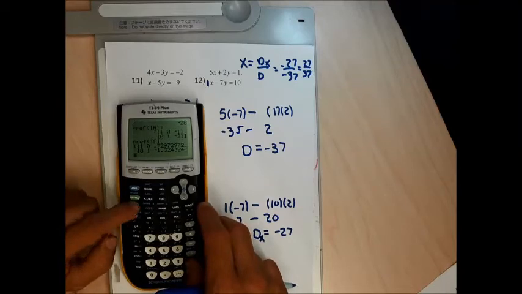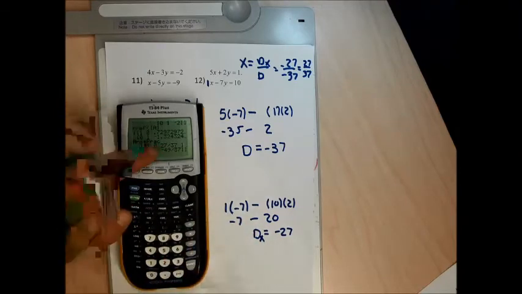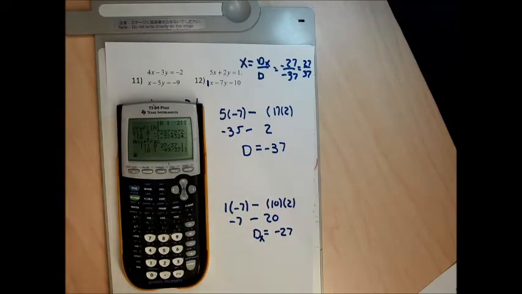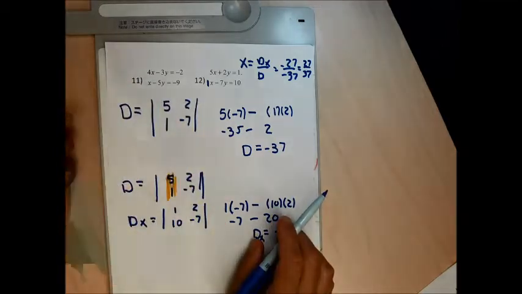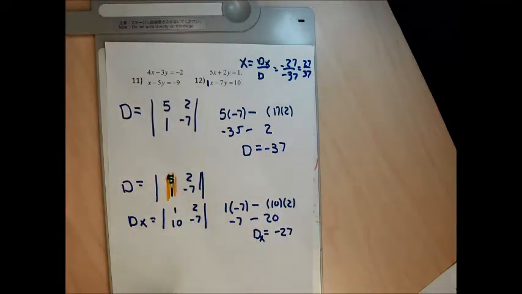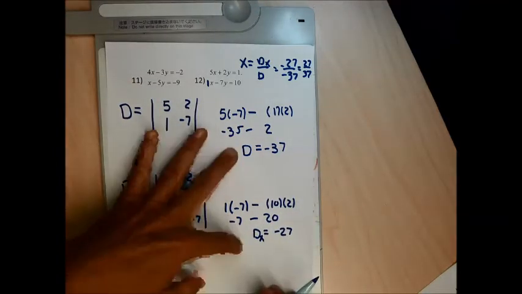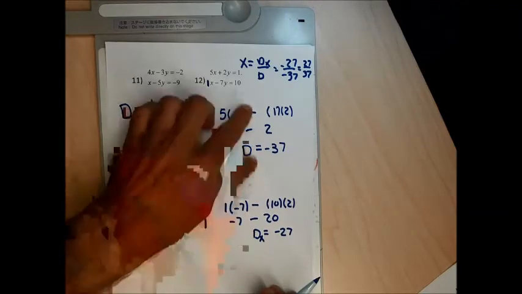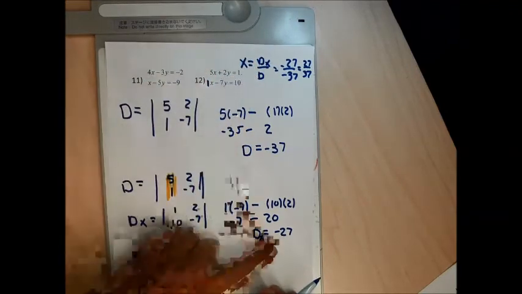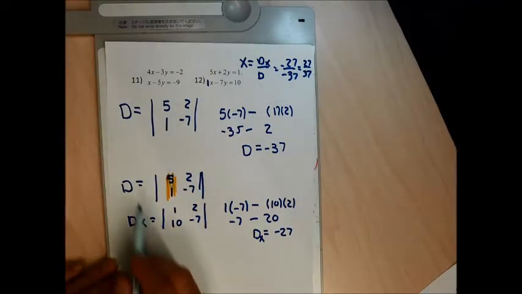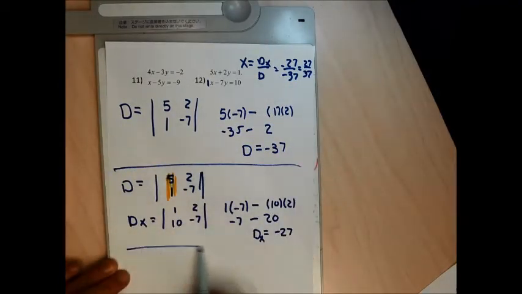Oh, it is an ugly decimal. So x is supposed to be 27 over 37. I haven't made a mistake. I was just so worried that I was making a mistake. So once you have both the D sub x and the D, you can get x by dividing D sub x, -27, by D, -37.